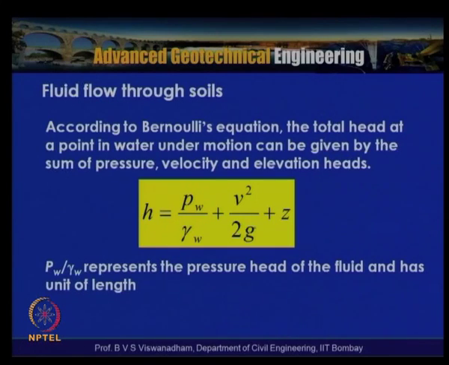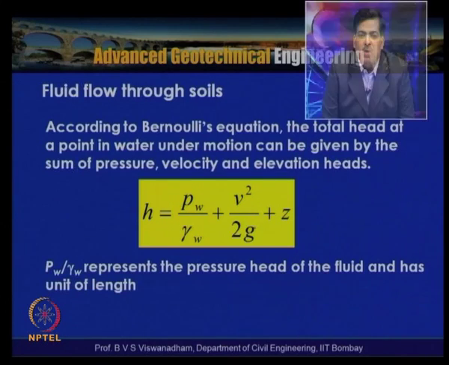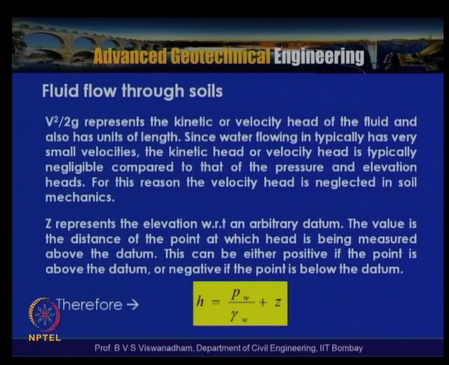elevation heads. So Pw by gamma w represents the pressure head, which has the units of length, and V square by 2g is the velocity head, where V is the velocity with which the water is flowing through the soil, and Z is the elevation head. In the application of Bernoulli's equation to soil mechanics, the velocity head is neglected.